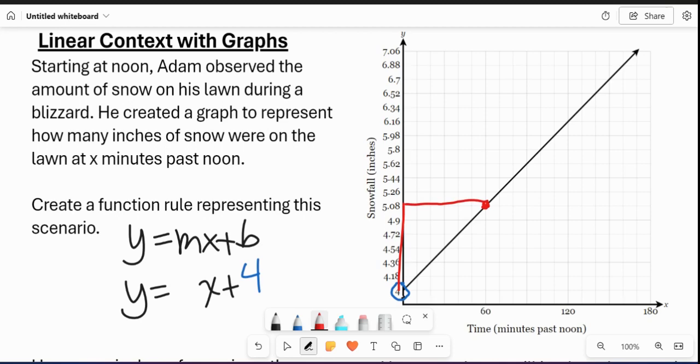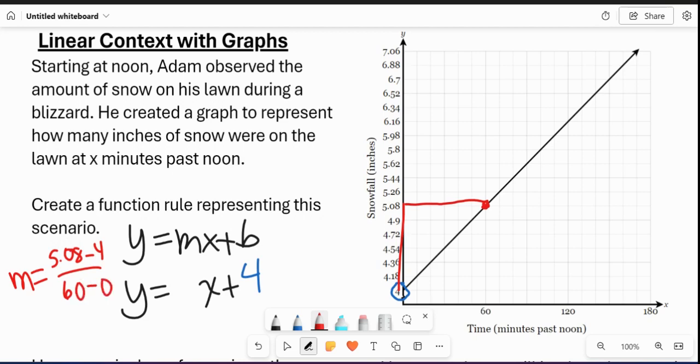So if we want to show this on the side, you could do that. Your m value is what I would do is subtract 5.08 minus 4 over 60 minus 0, or just 60, right?